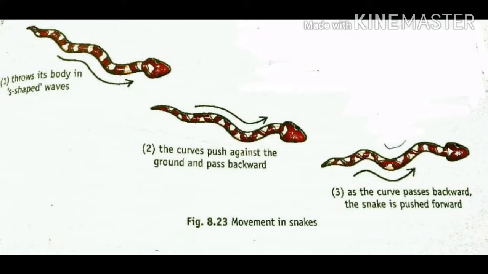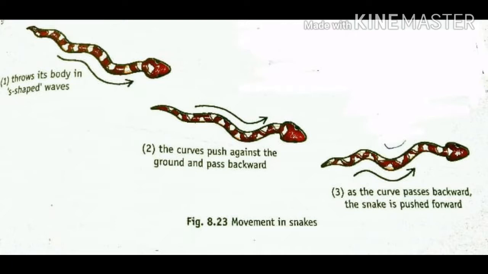See this image. First, the snake throws its body in S-shaped waves. See that the bodies are in S-shaped waves. Next image, the S-shaped curves push against the ground and pass backward.